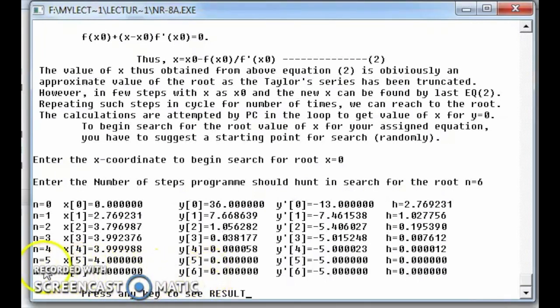So here for the 5th iteration we are jumping from 3.999988 to 4 because of this h, and here y is again 0, and this gives us the root of the equation, and obviously we have reached x equal to 4.